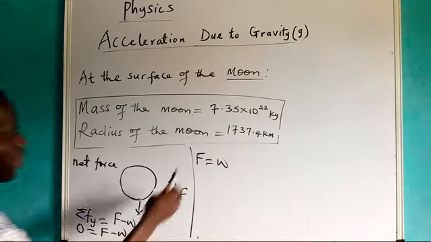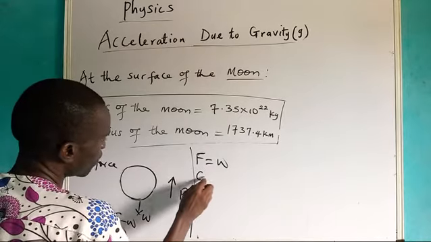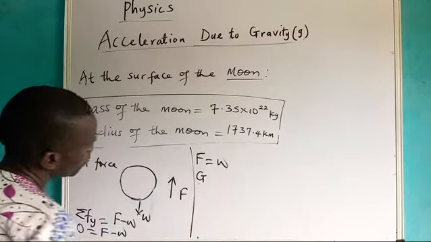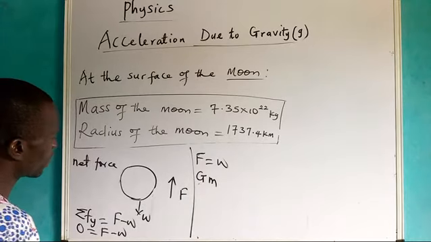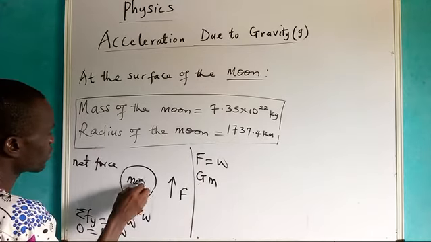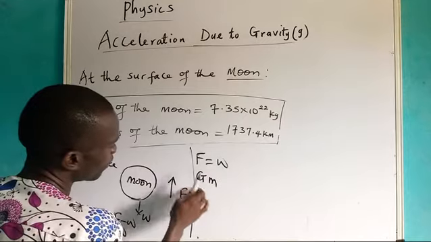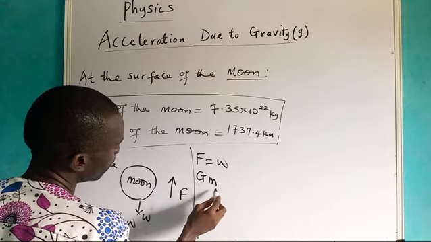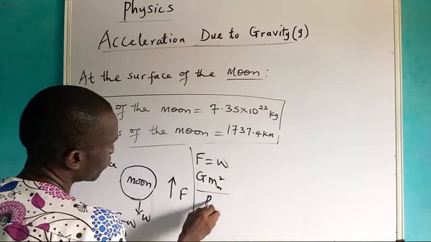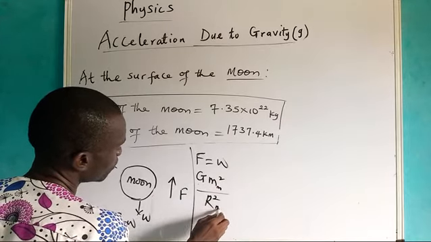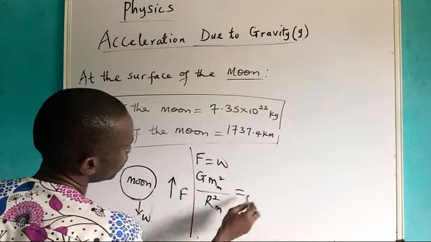Don't forget that our F is the gravitational force, G times the mass of the moon times m, all over the square of the radius of the moon. And what is the weight force?